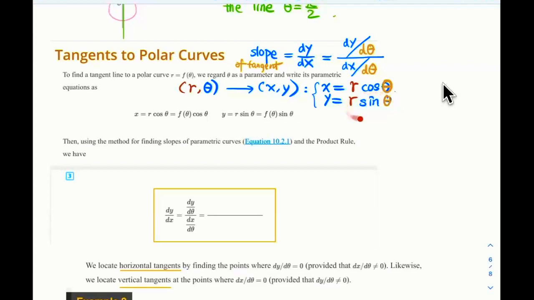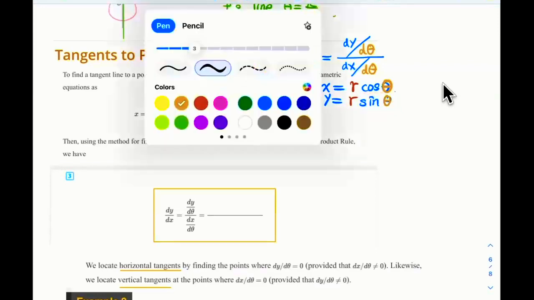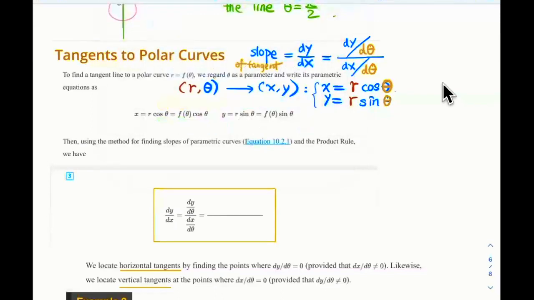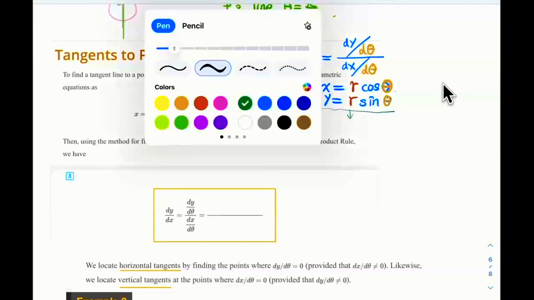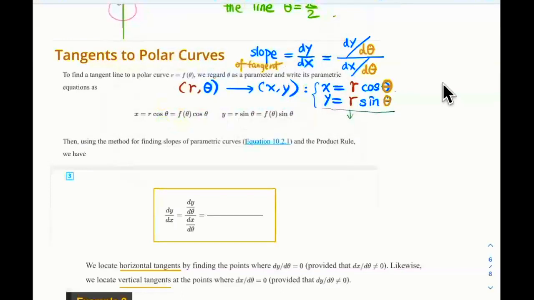What kind of rule do we need to use in order to find, okay, let's do it over here. From this, let's try to find dy/dθ.